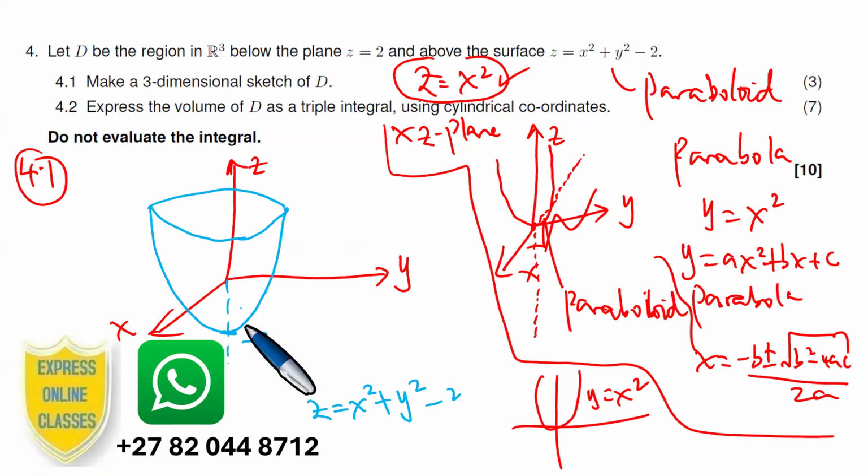But now it becomes this one whose equation is z equals x squared plus y squared minus 2.